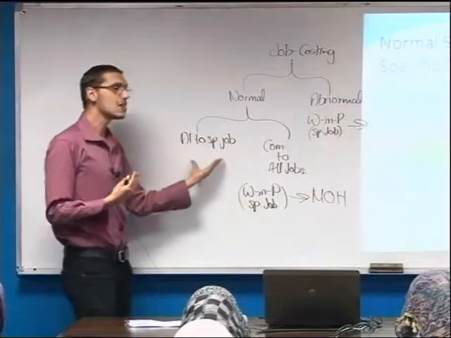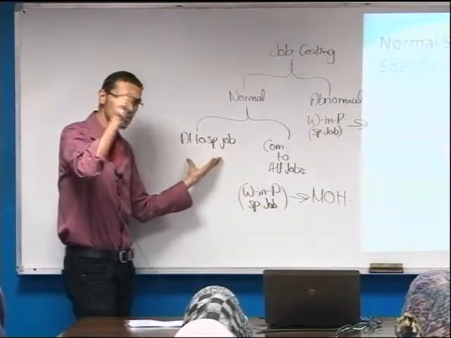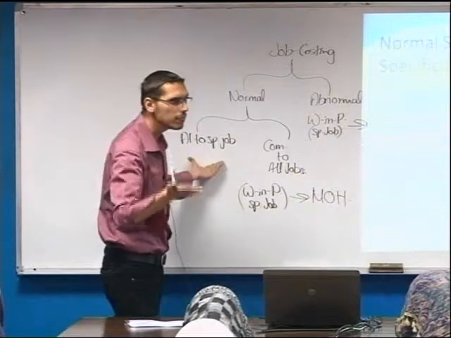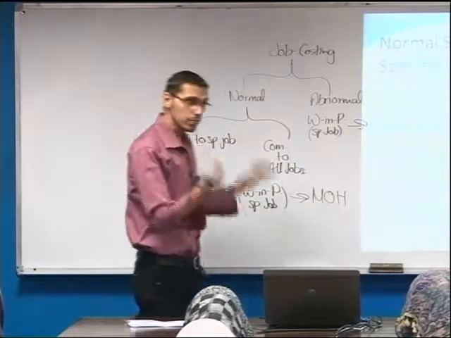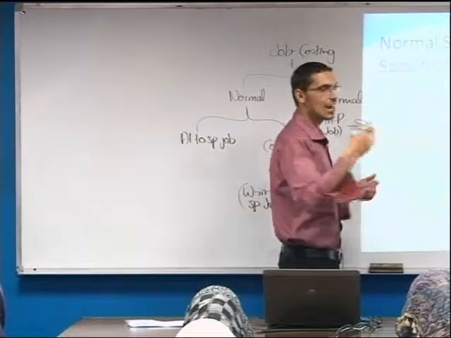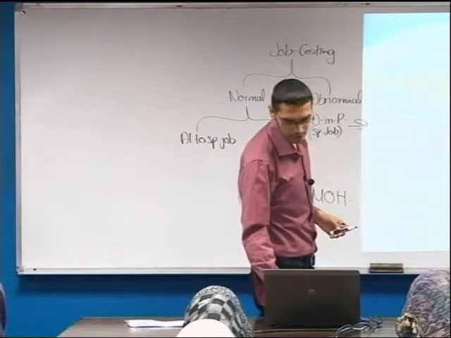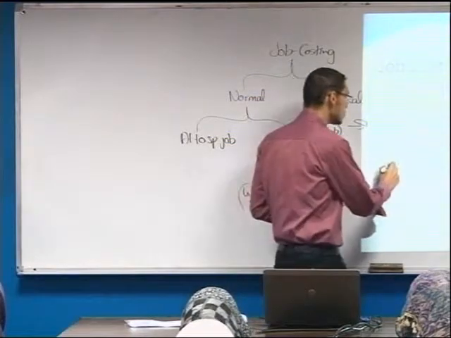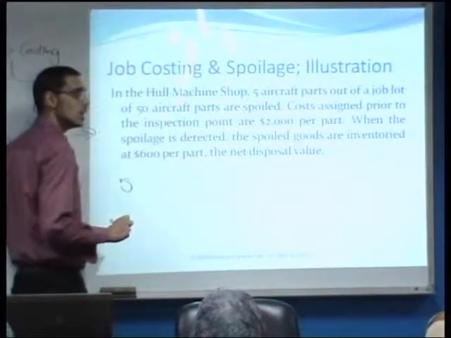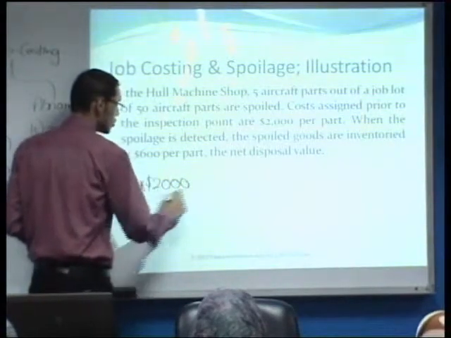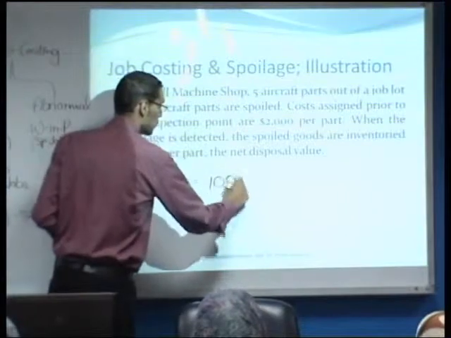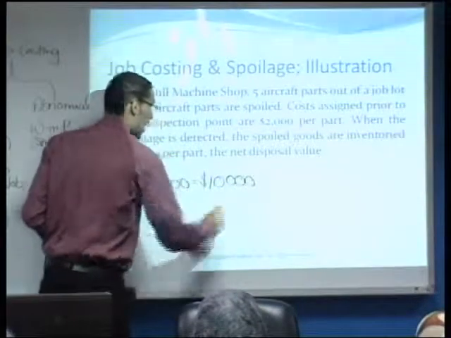In this case, what did we do? We decreased the work in process for that specific job by the amount of 3,000. As you can see from the example, we had 5 spoiled units, correct? Each unit with a $2,000 cost. Therefore, the cost of the spoilage would be 10,000.